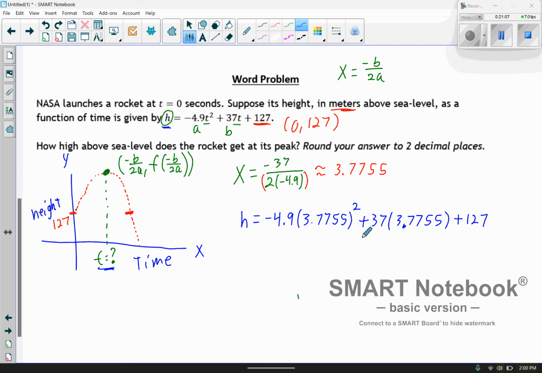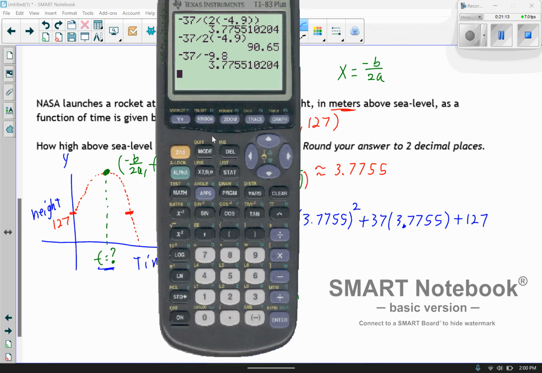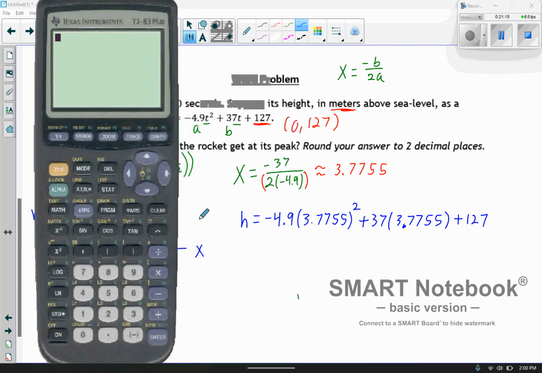So once again, if you don't have a graphing calculator, which is fine, you don't need a really expensive calculator. If you're going to use a scientific one, some of the new scientifics are pretty user friendly, but you might have to put these in one at a time, figure out what they are, and then add them together. But with the graphing calculator, you can just type this whole thing in.